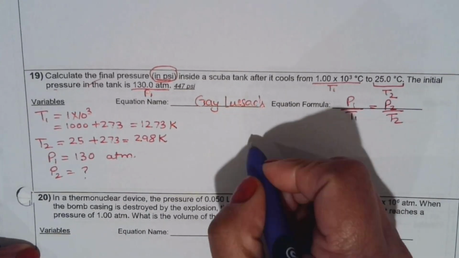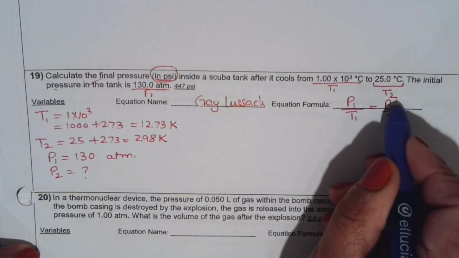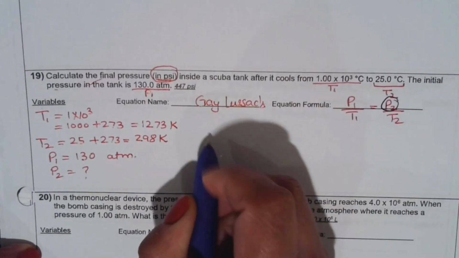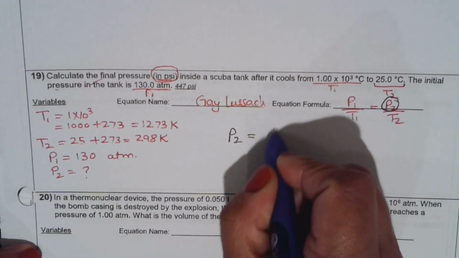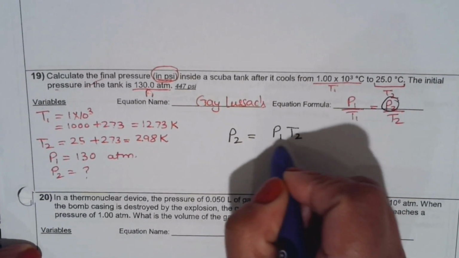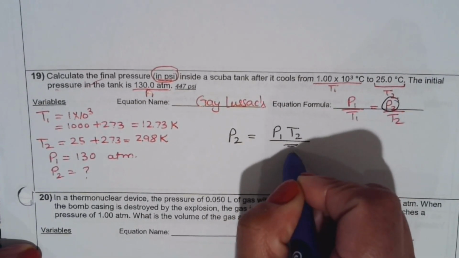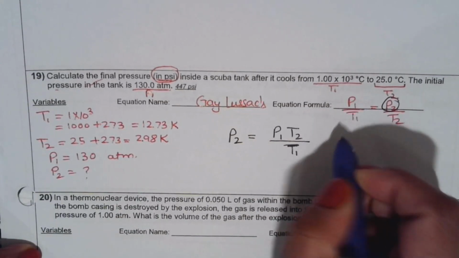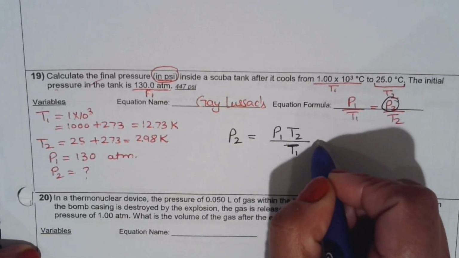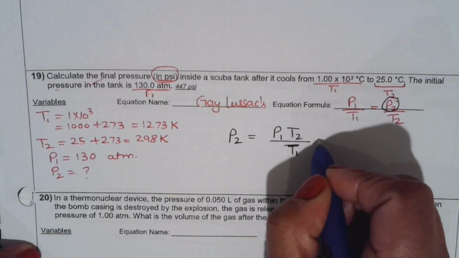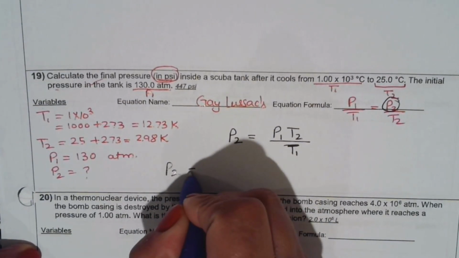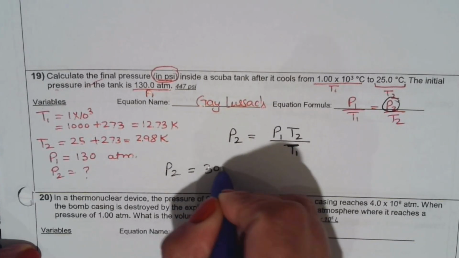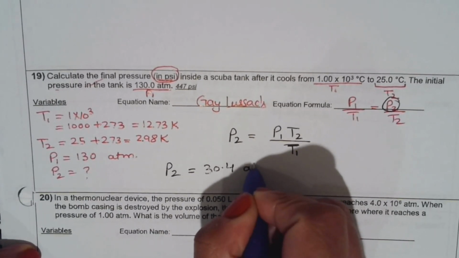So now solve for P2. Since we are solving for P2, rearrange this equation. So P2 is equal to P1 times T2 over T1. If you plug in the numbers, you will get pressure 2 equals 30.4 atm.